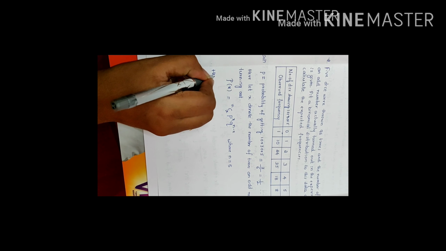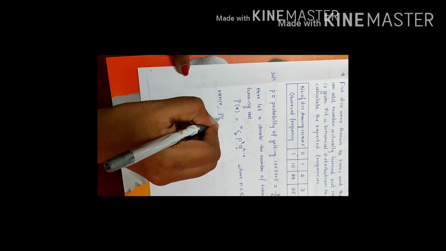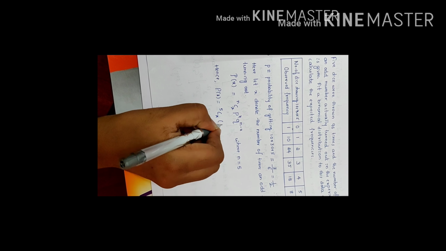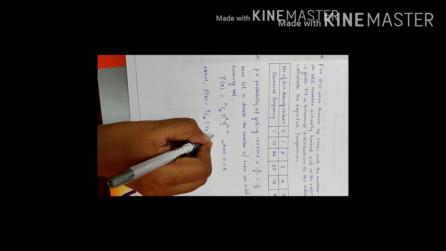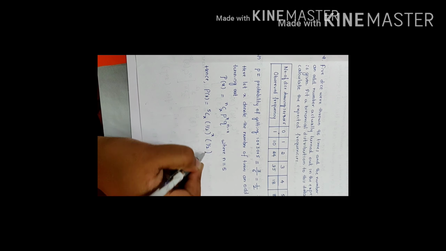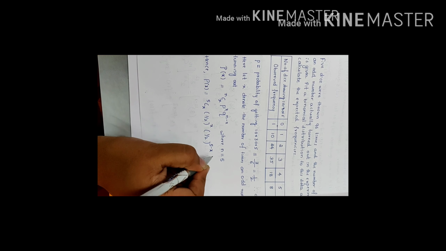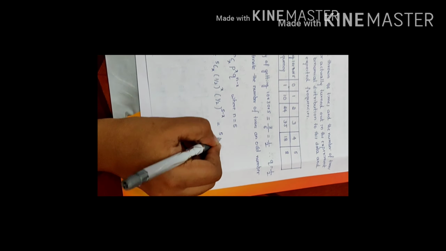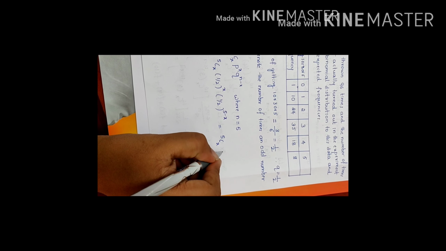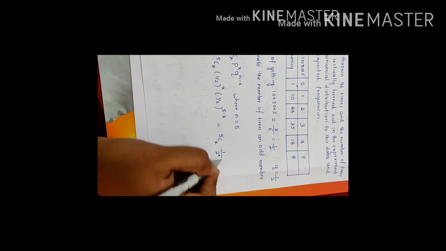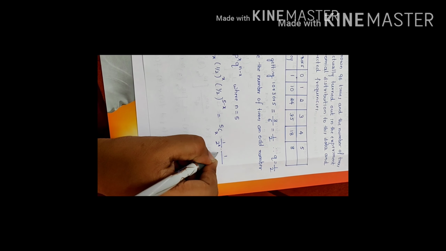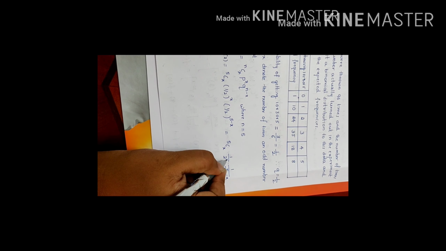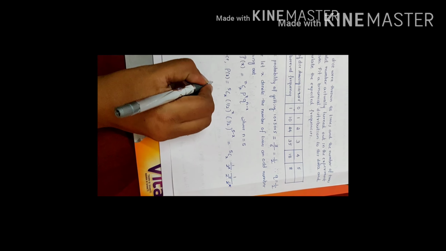Hence P of X becomes 5Cx, and we know p is 1 by 2 raised to x, q is also 1 by 2 raised to n minus x, that is 5 minus x. So this is nothing but 5Cx into 1 by 2 raised to x into 1 by 2 raised to 5 minus x. So 2 raised to plus x and minus x will cancel.